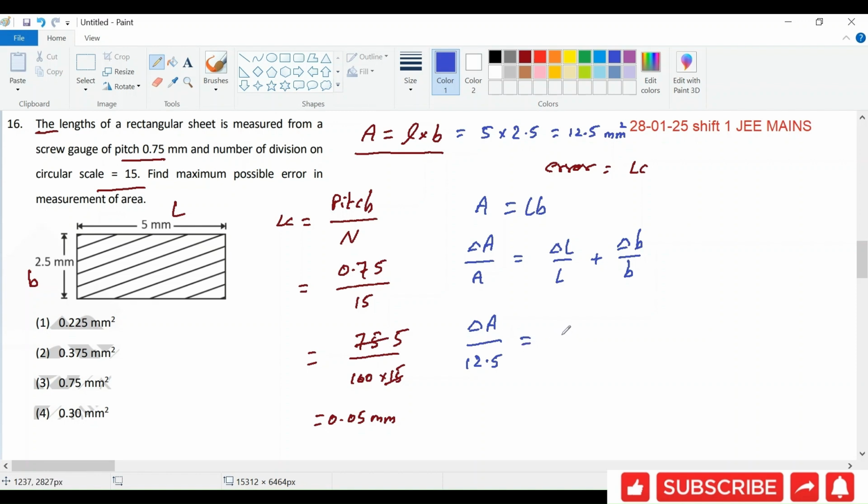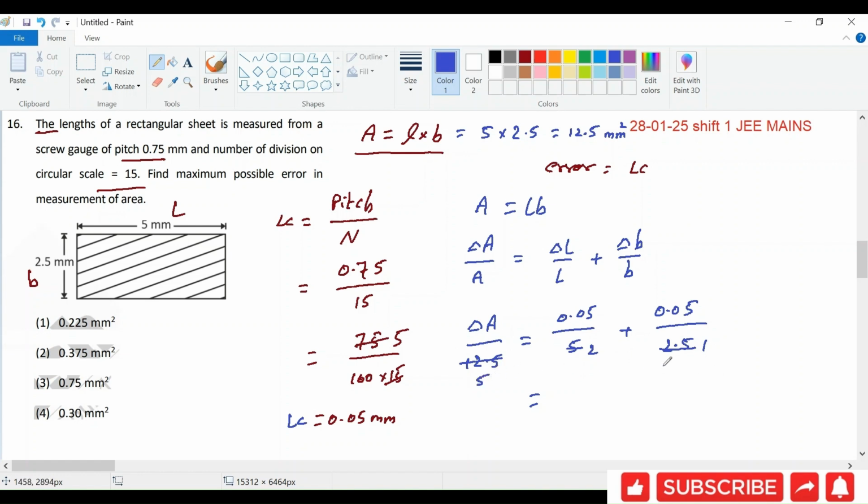That is equal to delta L value. What is the possible error? Least count. So this error is 0.05 by length given, 5, because the possible error is least count. So the error in the length can be 0.05. The error in the breadth can be 0.05. Least count by breadth given, how much? 2.5. So calculate this value, you will get the answer. See, 2.5, 25 table, 2.5 one time, 2.5 two times, 5 times.